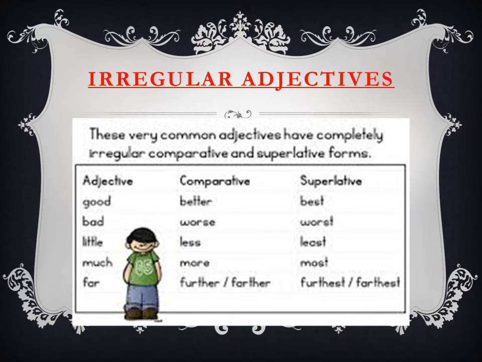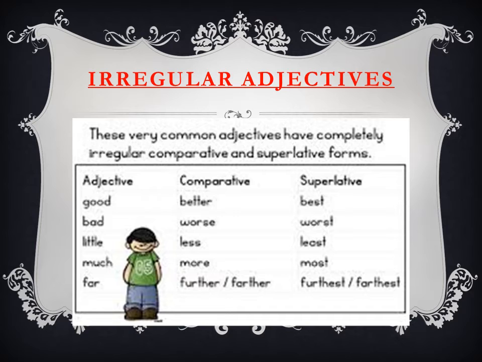Here are some irregular adjectives. Some adjectives don't follow the rule of er, est, more, the most. They are irregular, crazy somehow. They are unique. They are different.